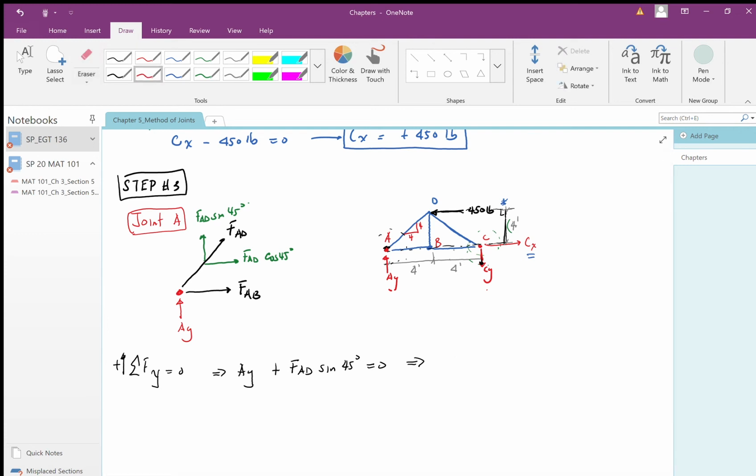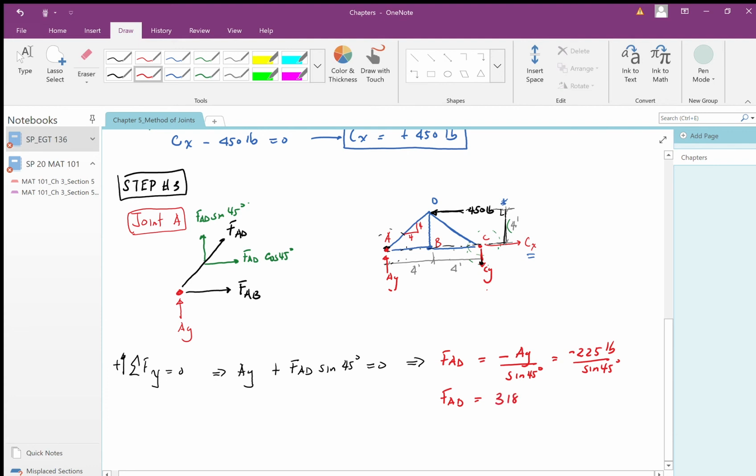When I do so, FAD equals negative AY over the sine of 45 degrees. It's negative 225 pounds divided by sine 45 degrees. My FAD equals 318.2 pounds, and it's going to be a negative, so it's going to be in compression. Okay, that's my answer for that.